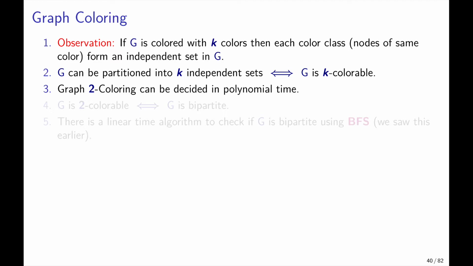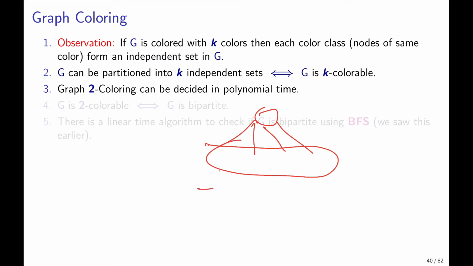Okay, coloring a graph with two colors is easy. You just have to decide if a graph is bipartite. How do you do it? Well, just do BFS on the graph. If you do a BFS, to remind you, you get layers, L1, L2, and so on.